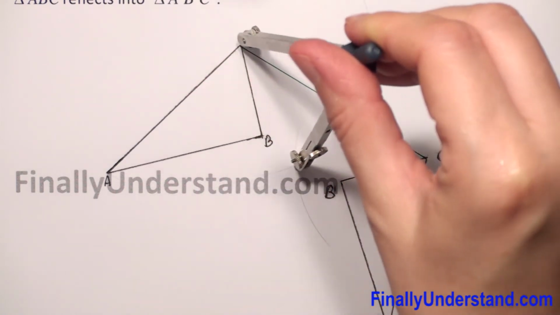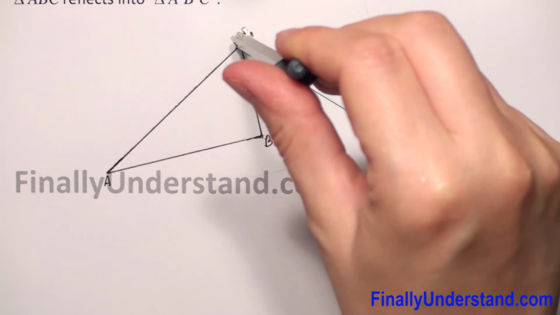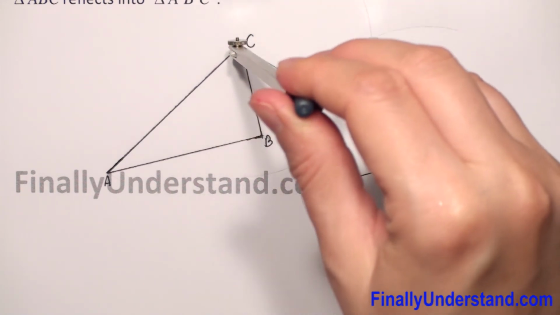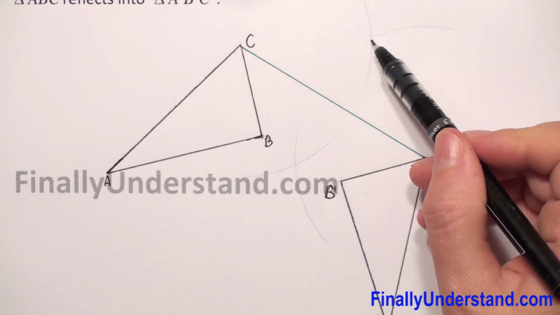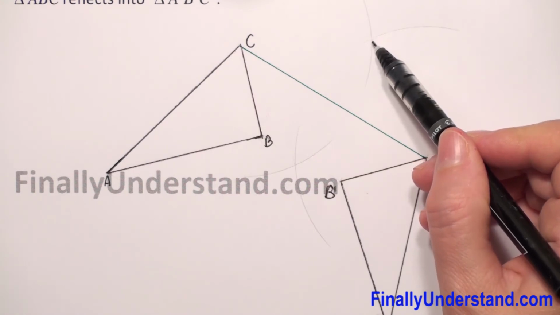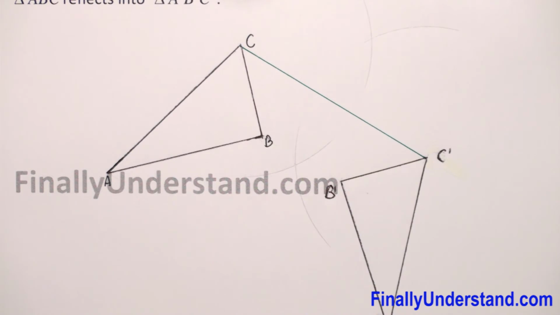And now we have to connect these two points which we got when the arcs cross above our segment CC' and below.